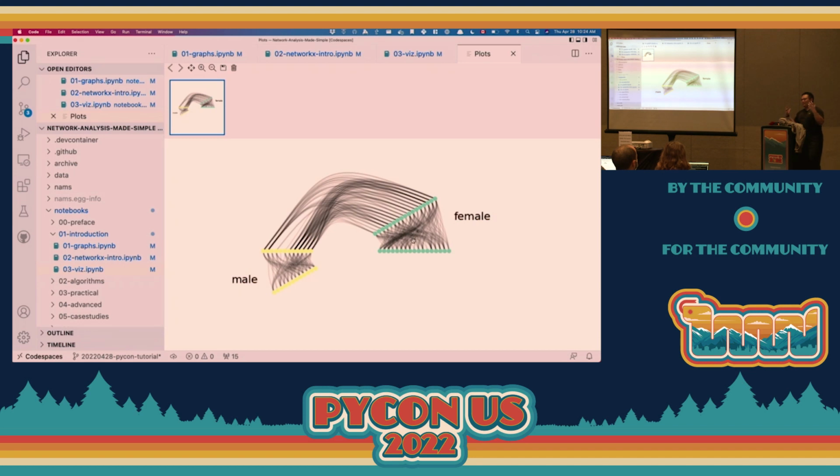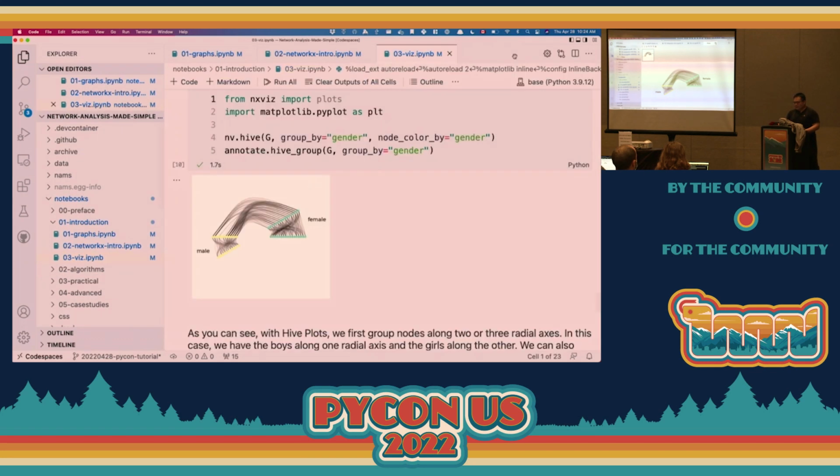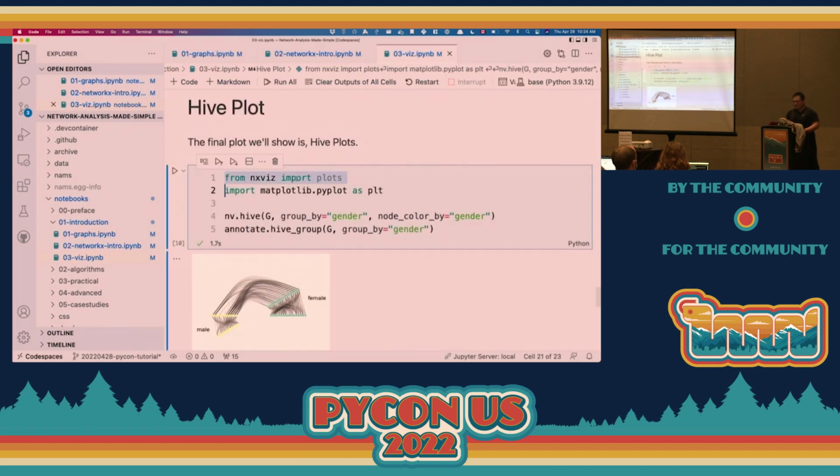I knew enough Python to be dangerous. These plots are inside a Python package that I've built and had many contributions from other people. The API has evolved quite a little bit over time. It's called NXViz. It's a graph visualization package that works explicitly with NetworkX graph objects.